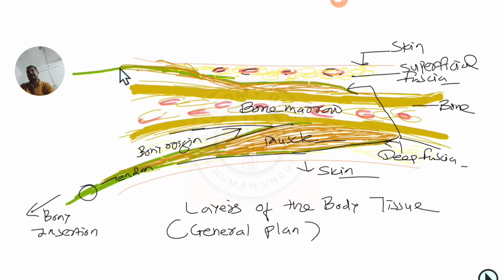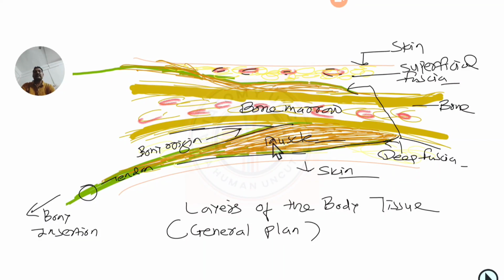It can come out in the form of an aponeurosis or tendon and insert onto other sides, onto the fingers, onto some other bone, wherever it has to. Now if you go still deeper, the bone will have a marrow cavity where you will have the blood precursor cells. If the person is of old age, there is yellow bone marrow in the shaft, and at the ends the red bone marrow.